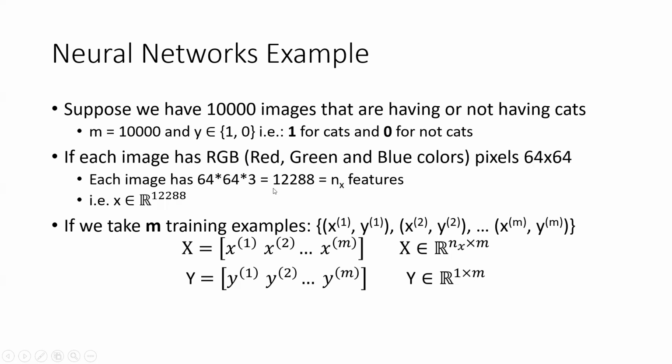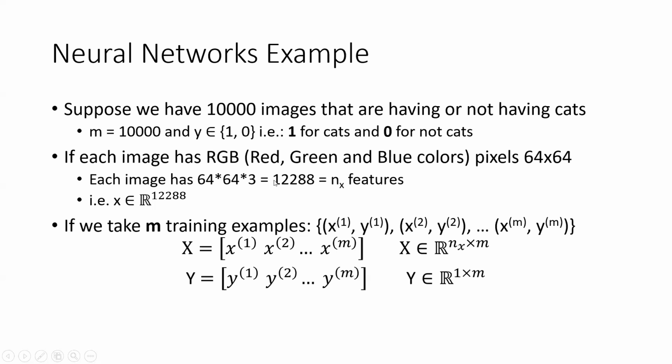which is 12,288 pixel numbers in a particular image, right? Because there are 64 by 64 pixels, and for each pixel there are three channels, we multiply by 3.